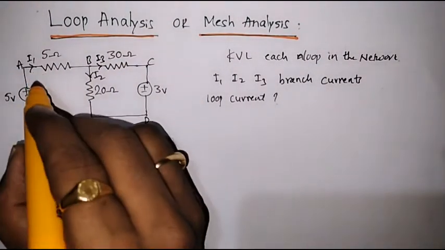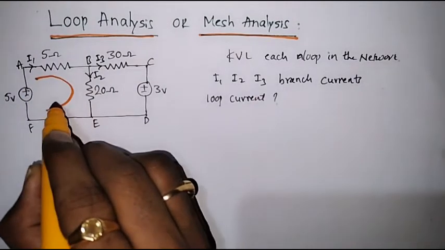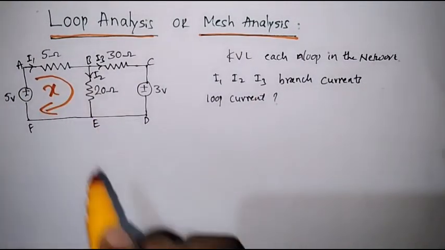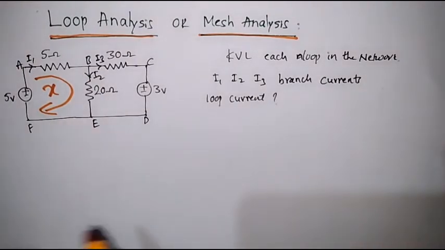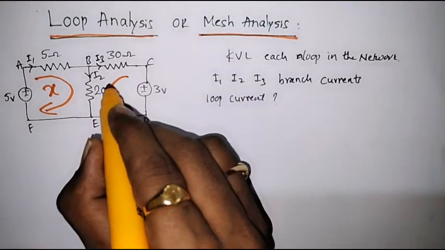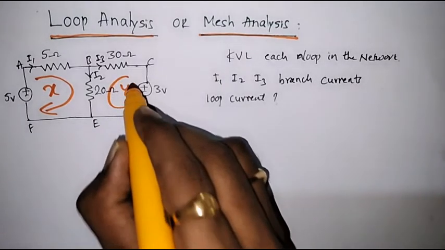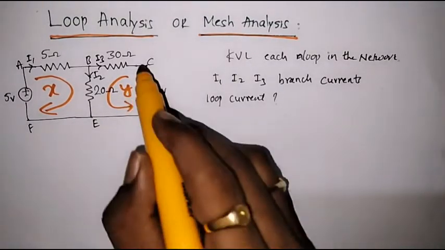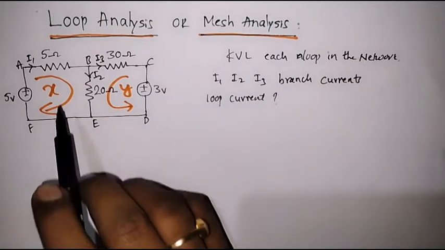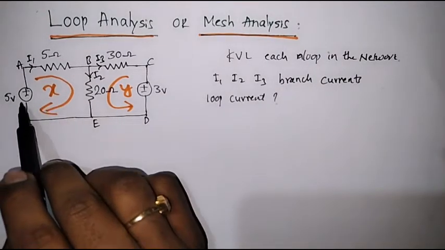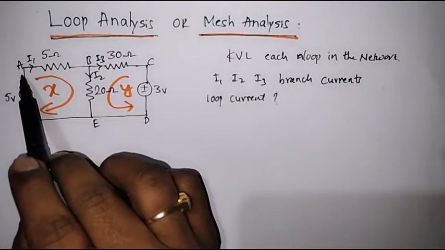Now I will assume current X flows through loop A, B, E, F, A and I'll assume another current Y which flows through C, B, E, D, C. Care should be taken while giving the direction of the loop current. In this loop, there is a voltage source connected between branch AF.